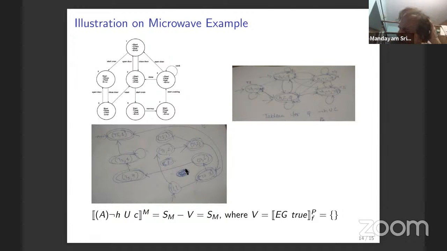Because fairness checking, even in symbolic, you're covering all paths simultaneously to several SCCs. They are kind of lassos, so you will have to do that.